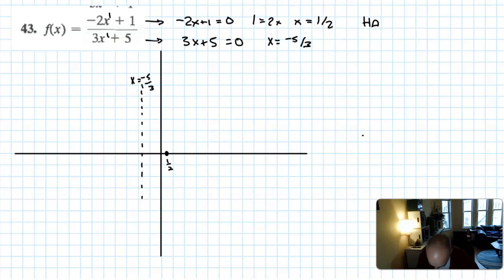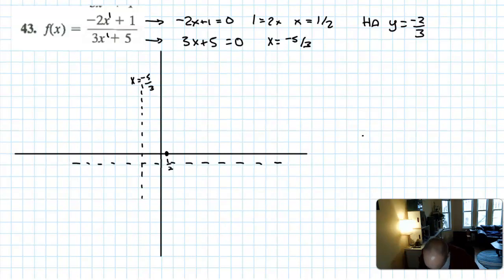It's degree 1 over degree 1. So the HA is going to be the ratio of the leading coefficients, negative 2/3. So our HA is like right here. And we could do a y-intercept. When we plug in 0, that's going to be 1/5. So that's the y-intercept. I probably could have figured that one out.